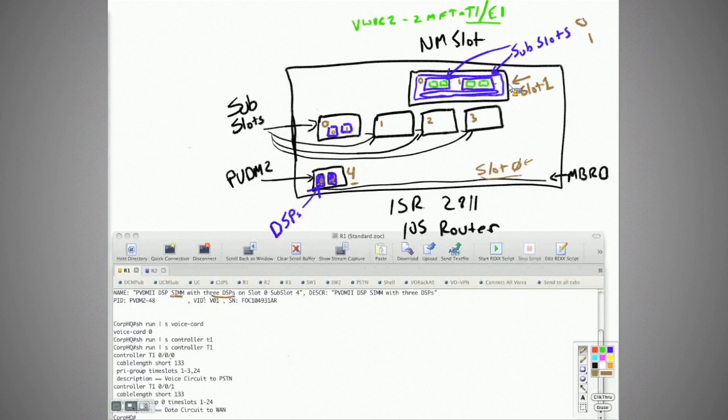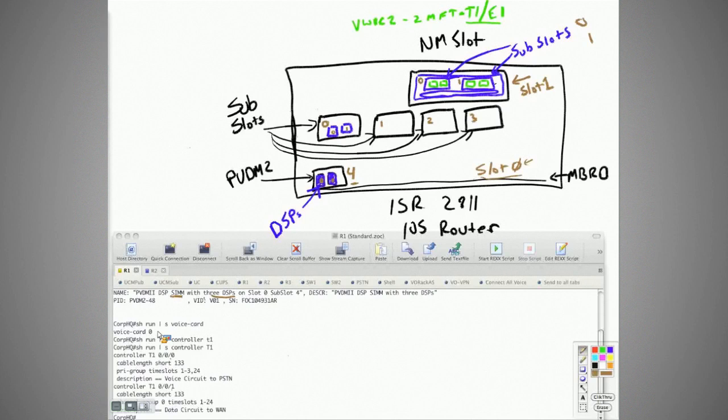So if we had a network module 1, it was an NMHDV, and we had 1 or 2 more PVDM2, and of course it would be an NMHDV2 at that point. We had 1 or more PVDM2 DSP cards, they would simply be referred to as voice card 1 rather than voice card 1/0, 1/1. They would just be voice card 1.